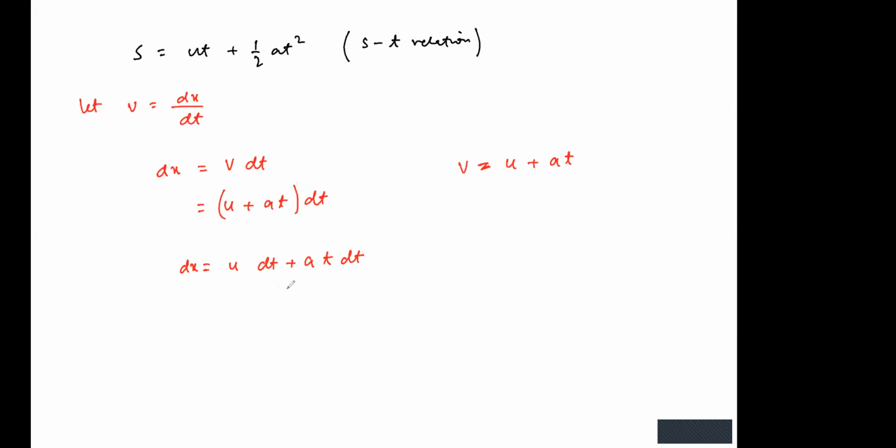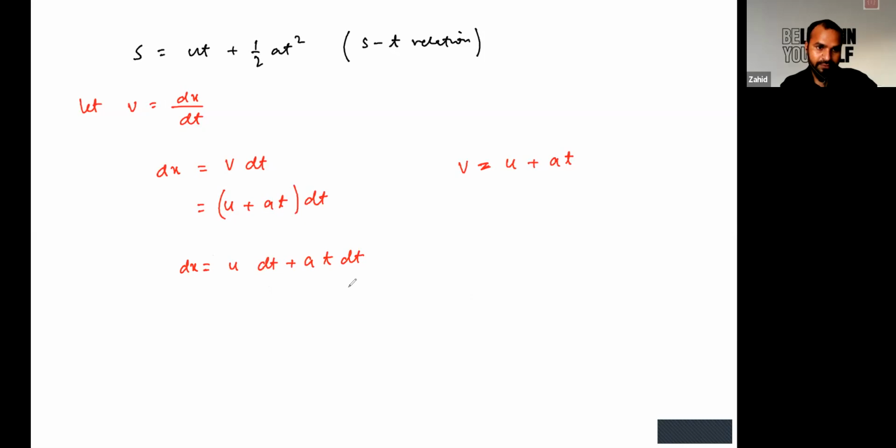Now, just take limits for rearranging this. At time t is equals to 0, the initial displacement of this body would be 0. At some later time t, displacement would become s. So just integrate this function, put in the limits, and try to obtain the result.